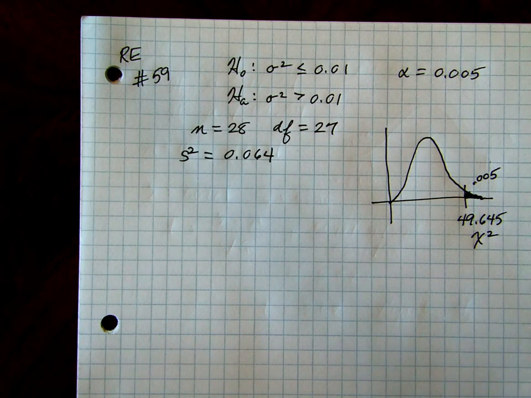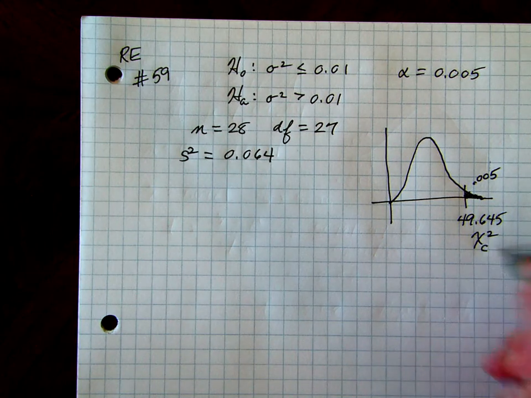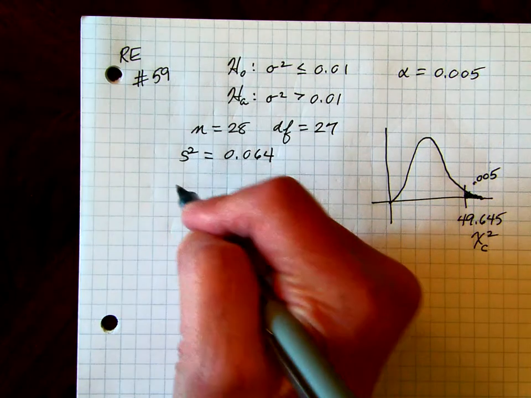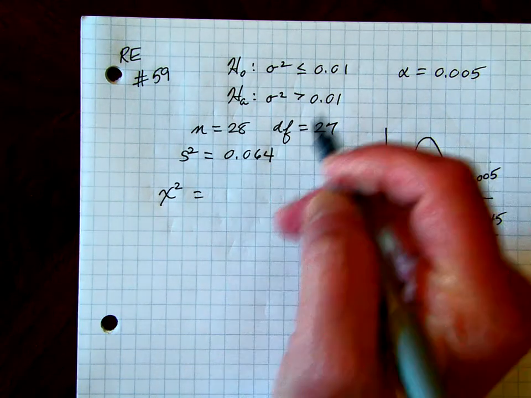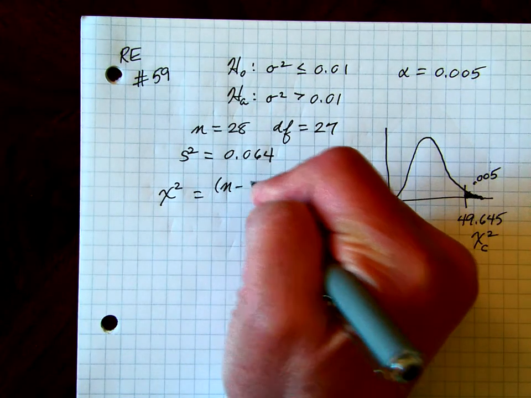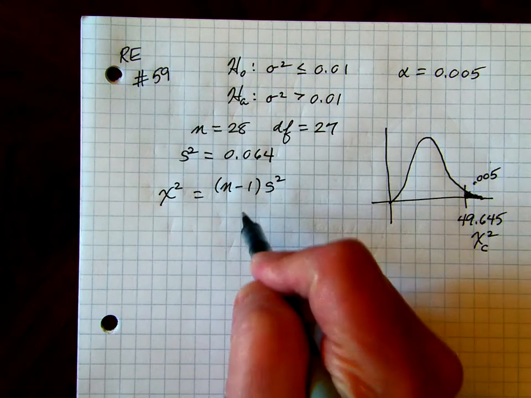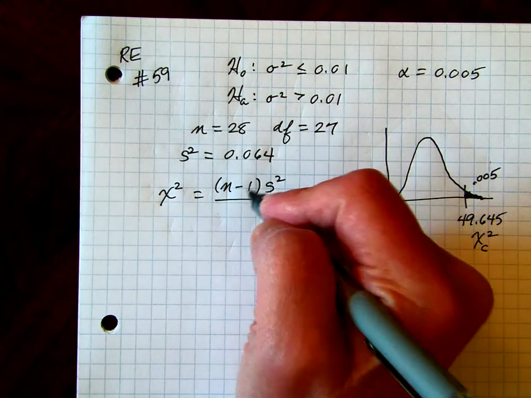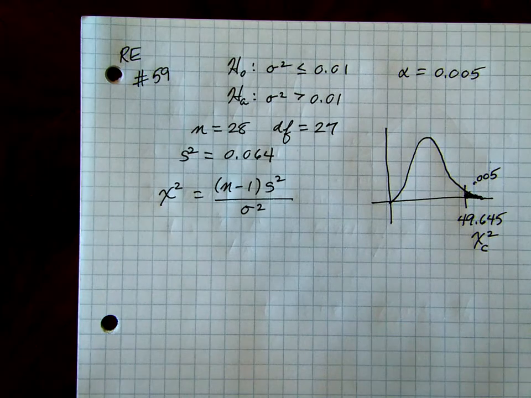Let's find out what we're going to get when we do our computation and compare it to that critical value. The formula is pretty simple. We take n minus 1, the degrees of freedom, we multiply by s squared, and we divide by sigma squared, where sigma squared, of course, is going to come from our hypothesis.